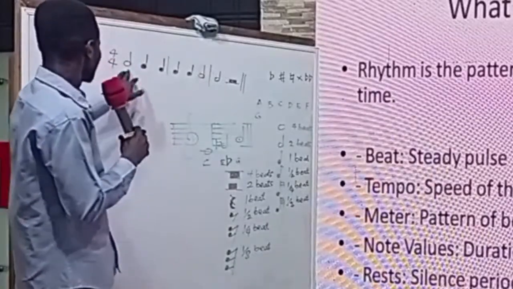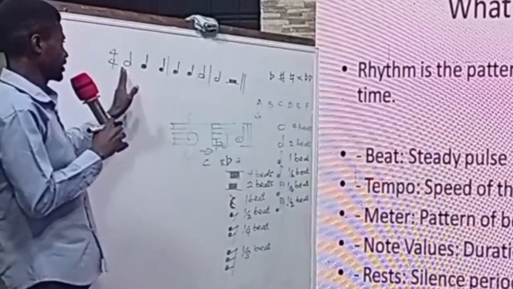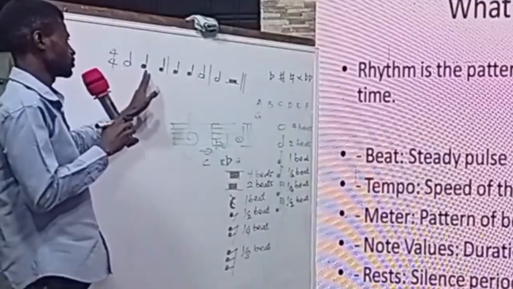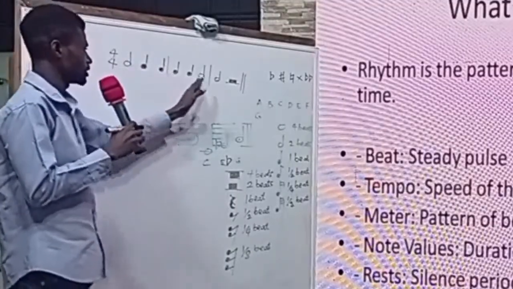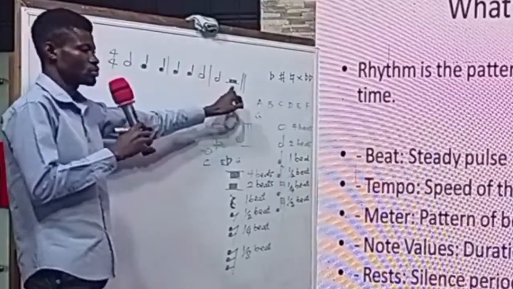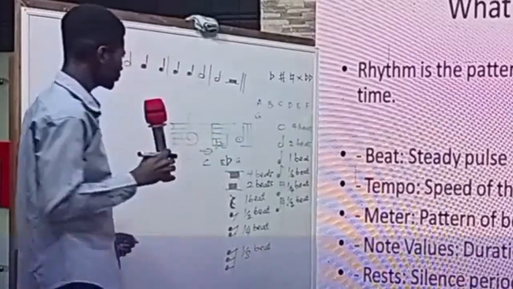From what I said earlier, each sound has its own duration. This first sound has a duration of 2 beats, the next one 1 beat, the next one 1 beat, this one, this two, and then we have a rest that lasts for 2 beats.